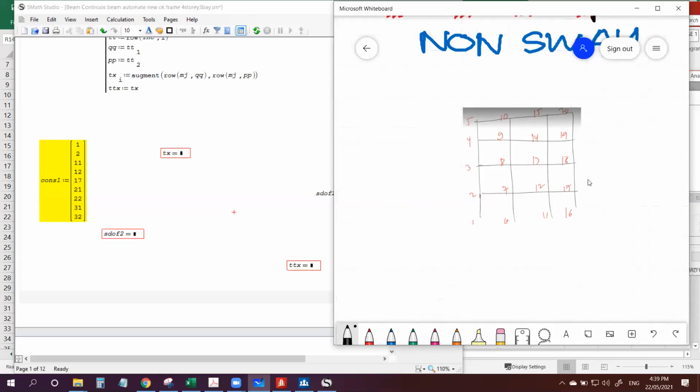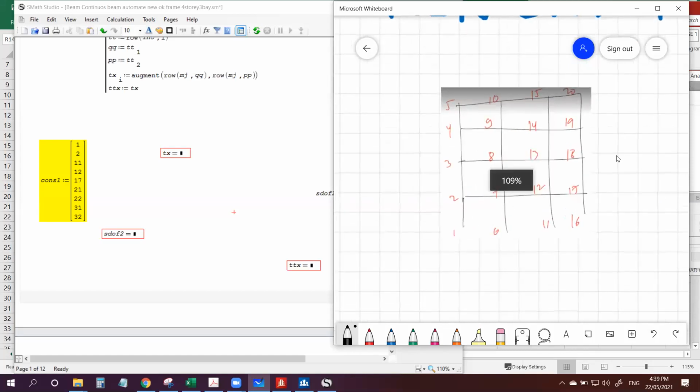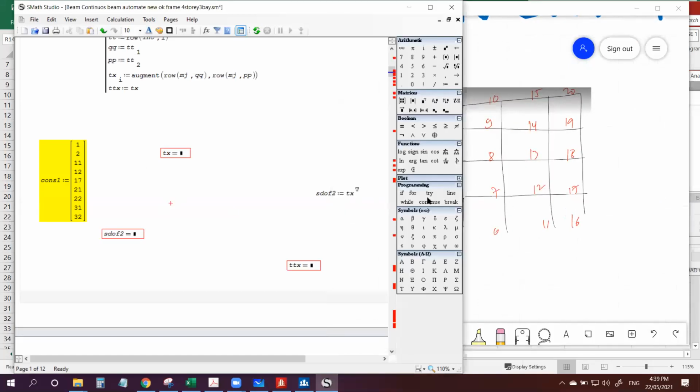Share screen. So this is the joint numbering.